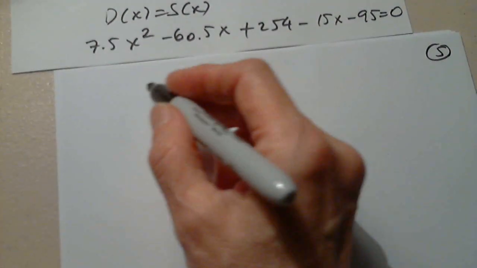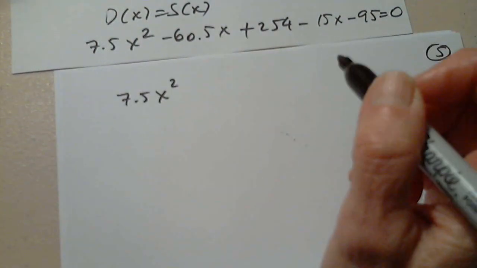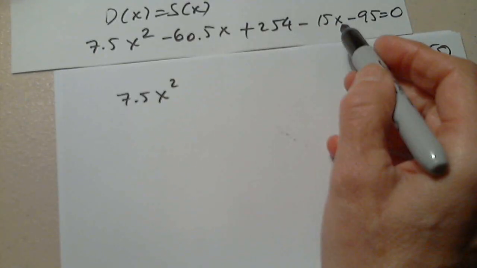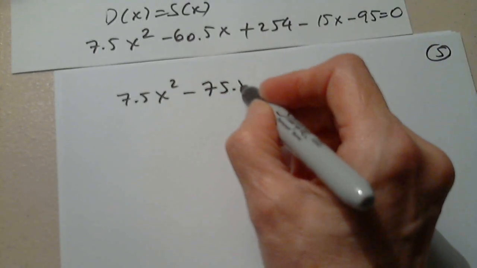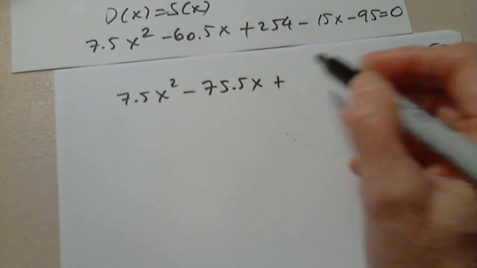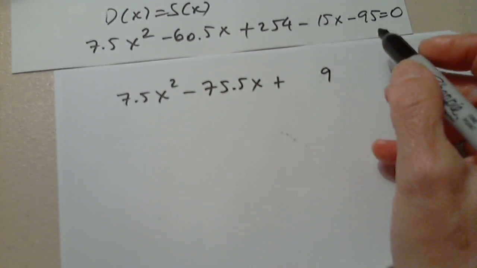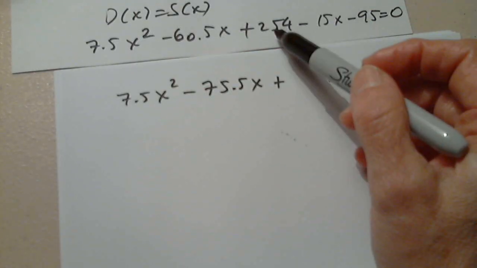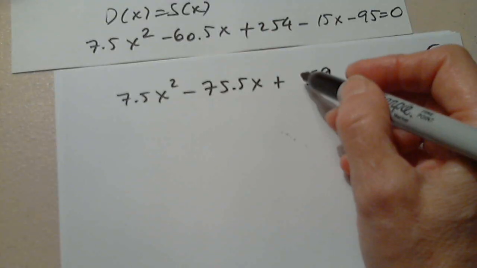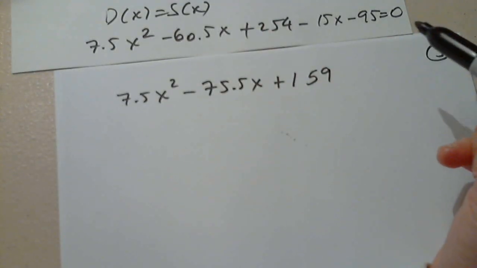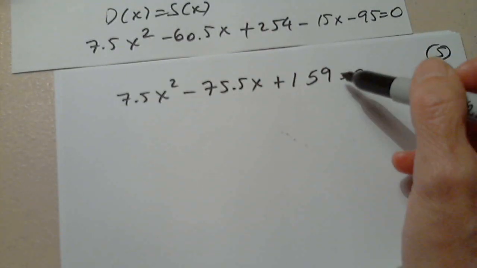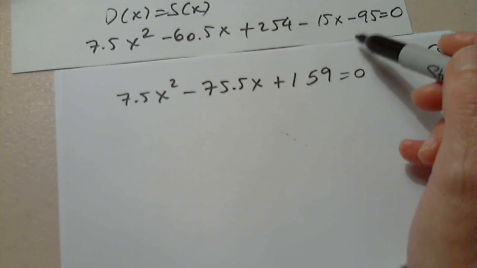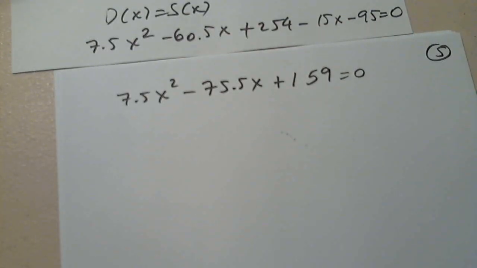So 7.5x squared minus 75.5x plus, 254 minus 95 is 159. Correct me if I'm wrong. Yes, I think I'm correct. I'm not going to solve this by hand. I'm going to put it in the graphing calculator.